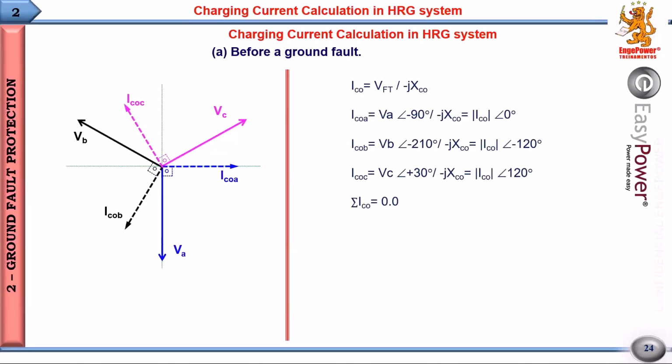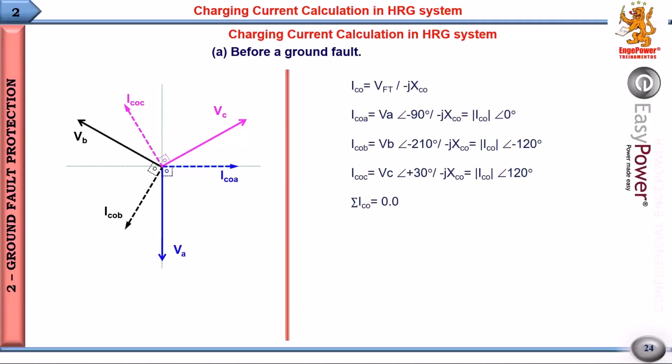If we divide by minus jX0, minus 90 degrees goes to the numerator with plus 90 degrees. We are going to have this phase angle here. So it's also 90 degrees leading. For phase C, 30 degrees plus 90 degrees, 120.